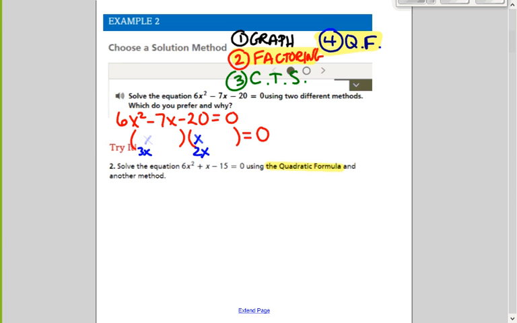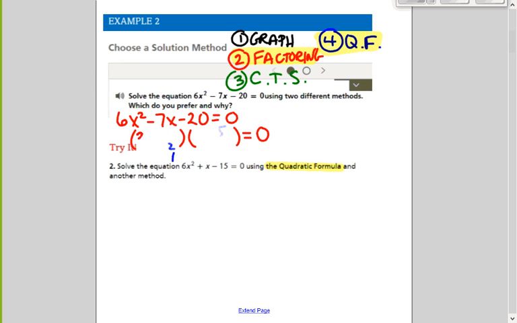Trial and error. Several different combinations exist for you to try to produce 6x squared in position A, and then the minus 20 in position C. You could have a 4 and a 5, you could have a 2 and a 10, a 1 and a 20, lots of different combinations to check.